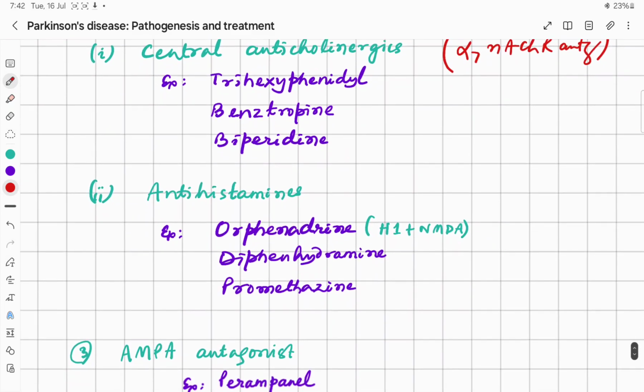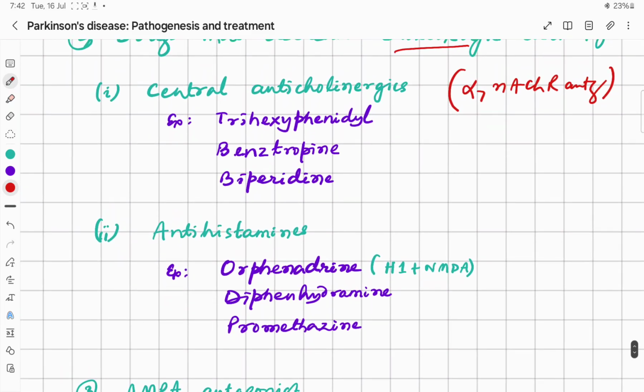And antihistamines like orphenadrine, which are used because of their anticholinergic function. Antihistamines also show anticholinergic function, and because of that we can use them.